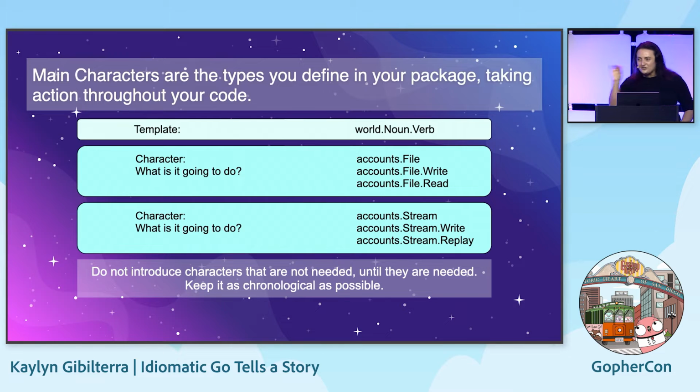And when you picture it that way, you start to get structures that look like accounts.file. And what does the file do? The accounts.file can write. The accounts.file can read. The accounts.stream can write, or the accounts.stream can replay. But you start to really see a story coming together, and you start to see how these words become a bit more clear with each other as you put it together.